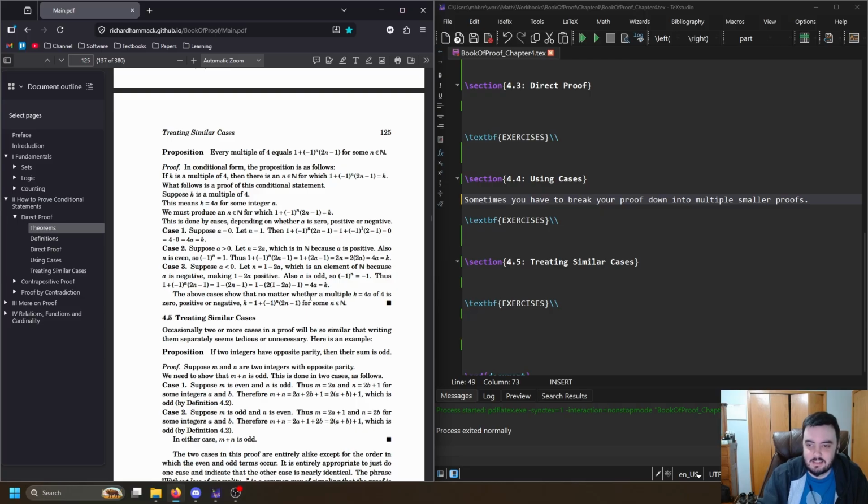That's because they solved for n here. They definitely started with this thing equaling 4a.